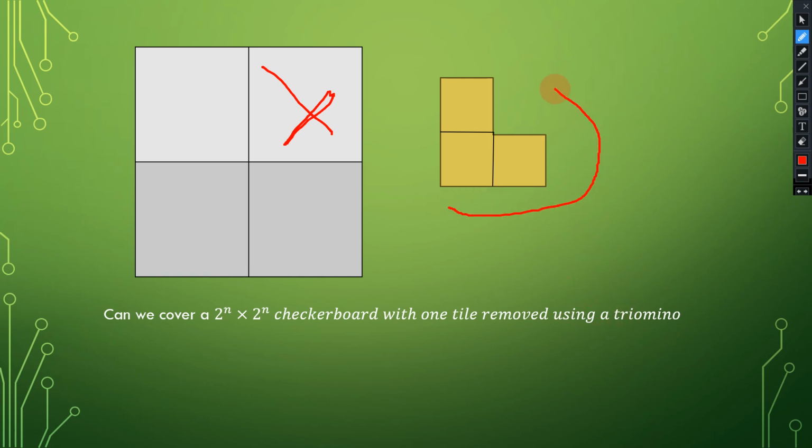This is a triomino example. Any three L-shaped consecutive tiles of the checkerboard are covered by this triomino. So this is the question for any checkerboard of size 2^n cross 2^n.